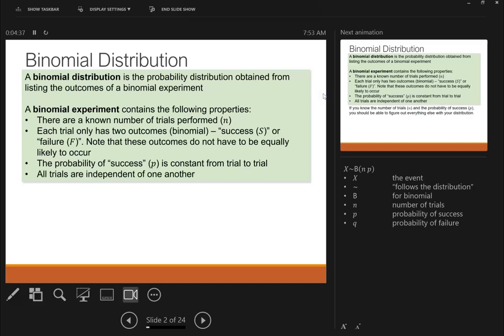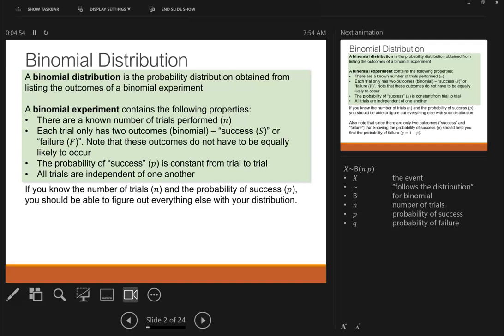And the last is that all the trials are independent. So the independence guarantees that the probability doesn't change in between trials, right? Okay.